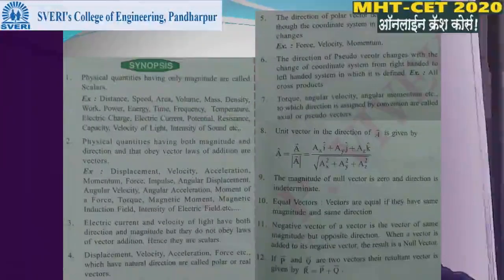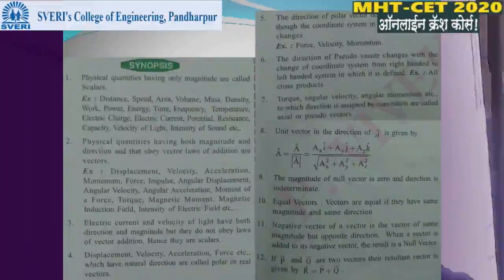Distance, speed, area, volume, mass, density, work, power, energy, time, frequency, temperature, electric charge, electric current, potential, resistance, capacitance, velocity of light, and intensity of sound. These are the examples of the scalar quantities having only magnitude.